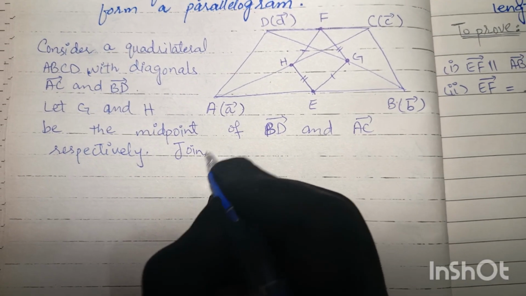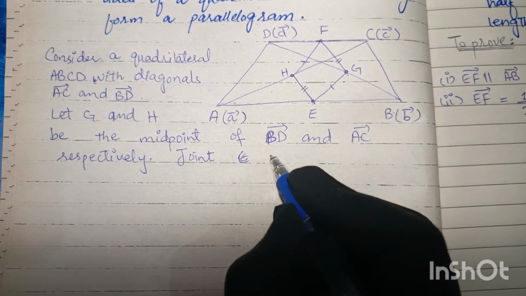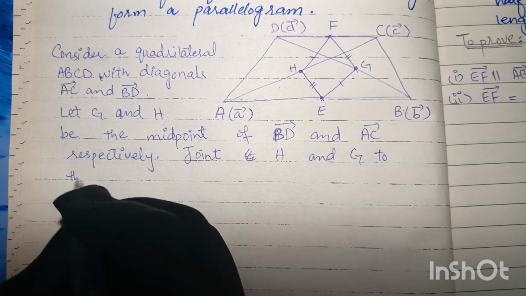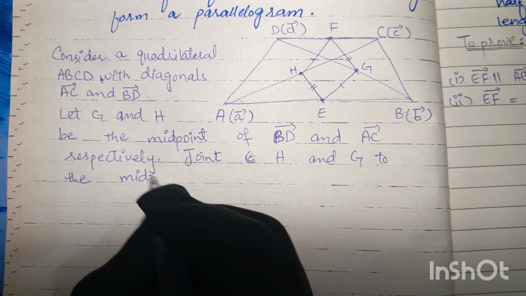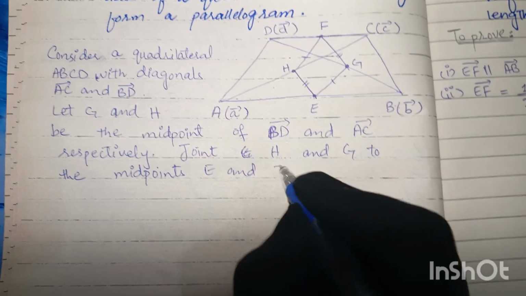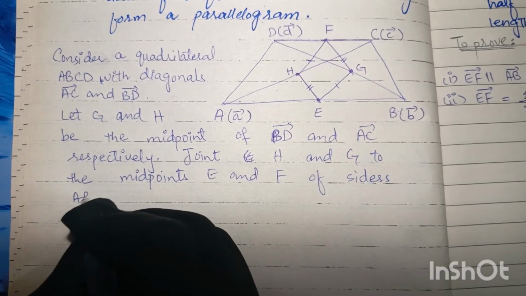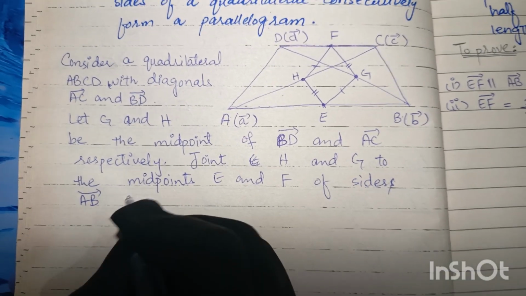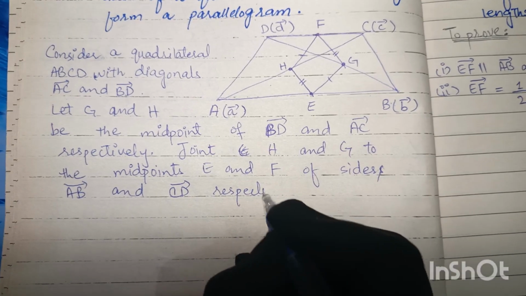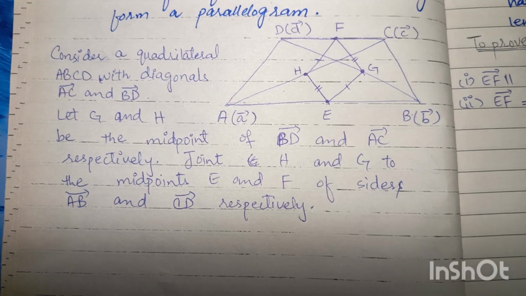Then join H and G to the midpoints of sides E and F of sides AB and CD respectively. So here is our whole construction of diagram which is written here.